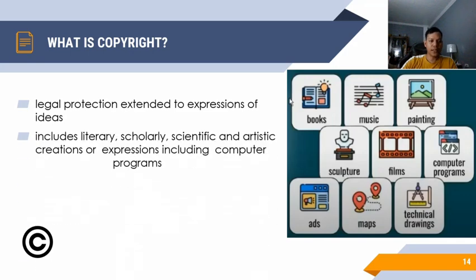It includes literary, scholarly, scientific, and artistic creations or expressions, including computer programs. So computer programs are part of copyright and have this copyright protection. Also books, articles, music, painting, sculpture, films, technical drawings, maps, and ads. You can have that right, and we call it the copyright.